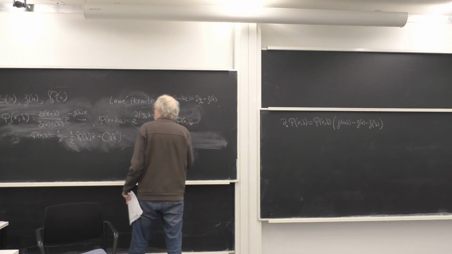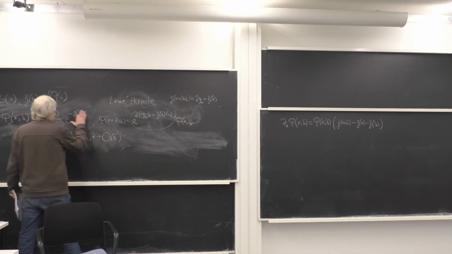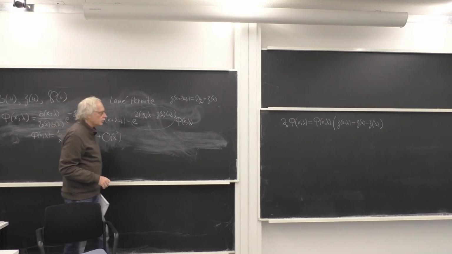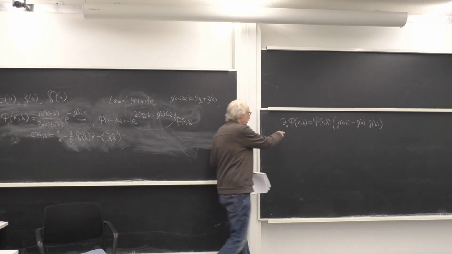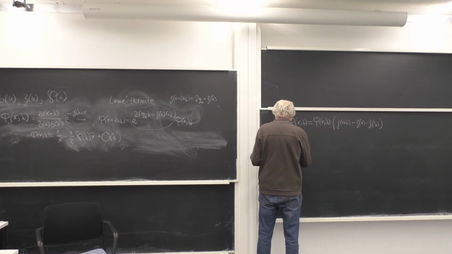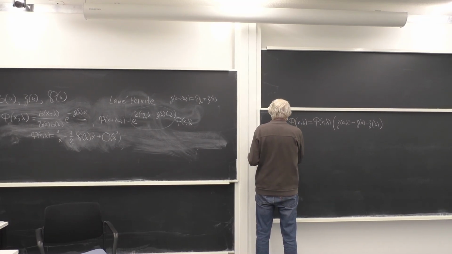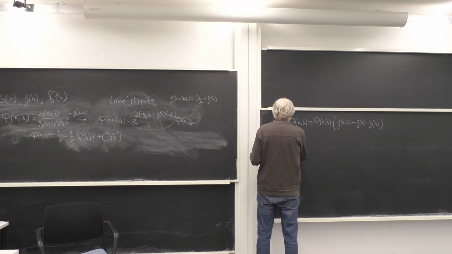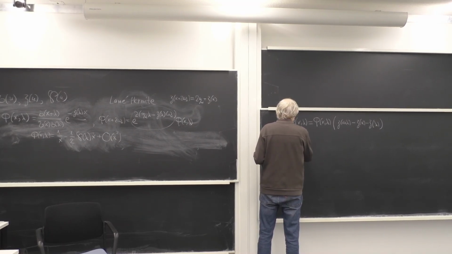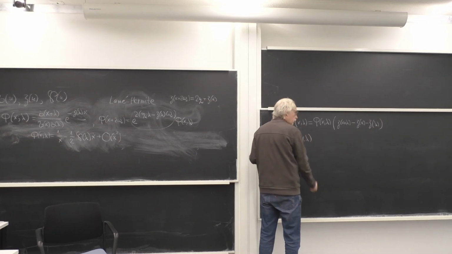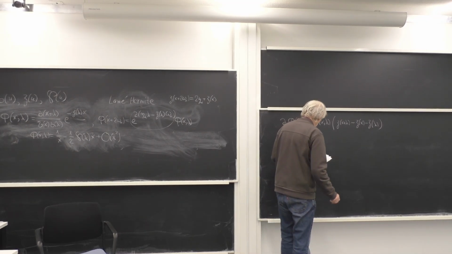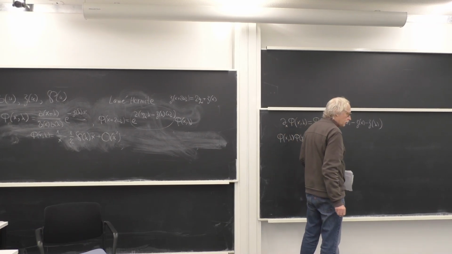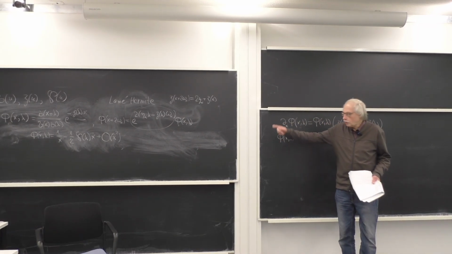You just take the logarithmic derivative of this function and immediately obtain this identity. The proof of the second identity is a little bit more complicated, but it can be done using the same method as I explained.